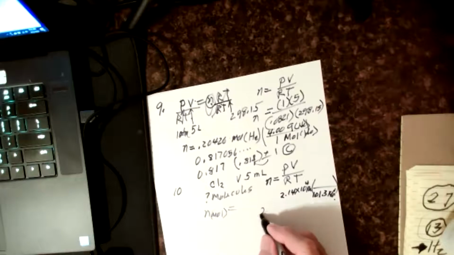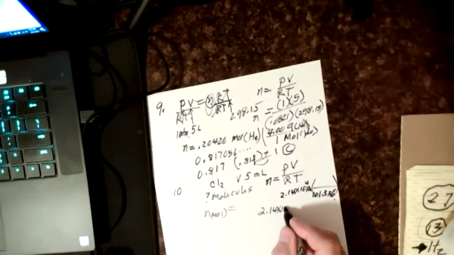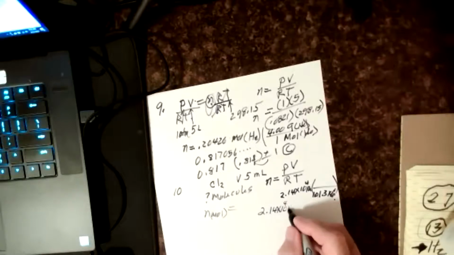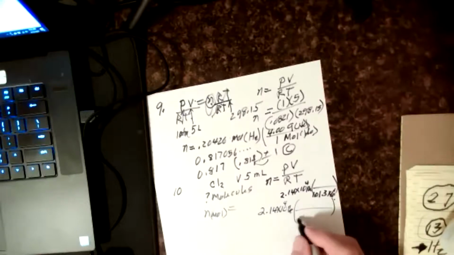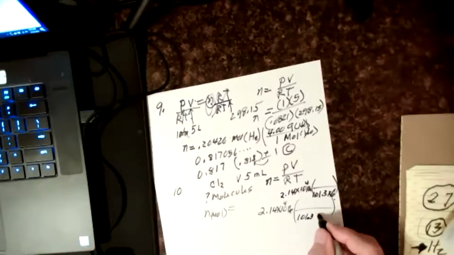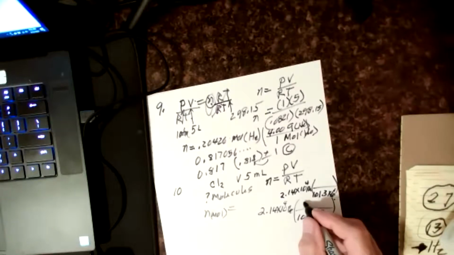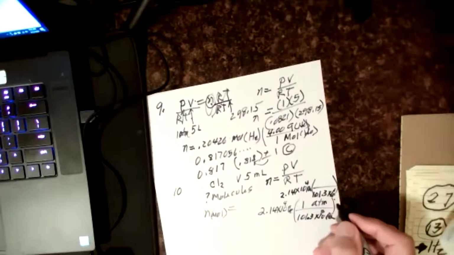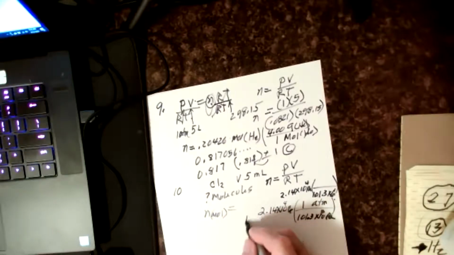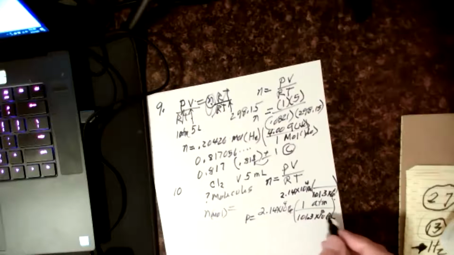Pull this over a little bit. You can't read it. I can't either. 2.14 times 10 to the 4th pascals. And I want my conversion factor to be 101.3. Kilo is 10 to the 3rd pascals. Now my units will cancel. And that's 1 atmosphere. It's 760 torr, but we need pressure in atmospheres. So this is going to be my pressure calculation.